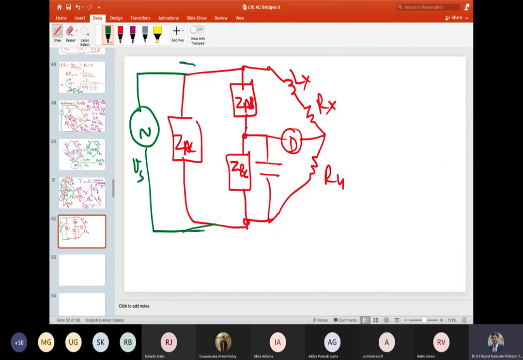So I can consider this whole thing as an integral part of the power supply itself, because eventually it is the voltage which will appear across this, right? And therefore I can ignore this ZAC. In earlier case we had ignored something. In this equivalent also we got some clear justification about why we can ignore ZAC. So now what remains?